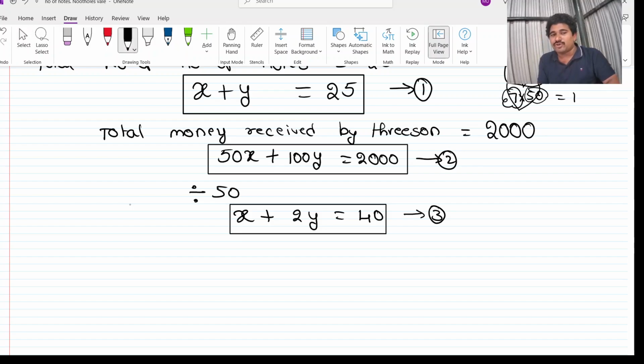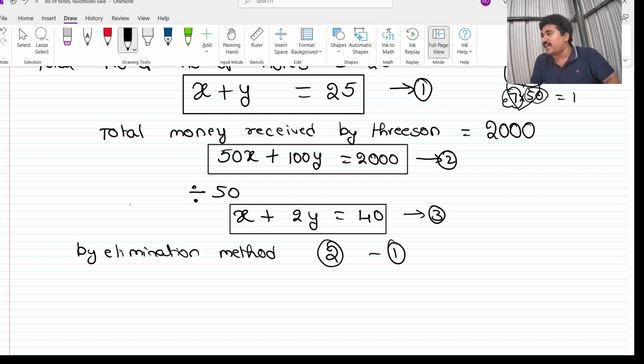Now, which methodology will we use to solve them? By elimination method. 2 minus 1 I am doing. Sir, not 2, sir, 3. Yes, 3 minus 1. What is the third equation?